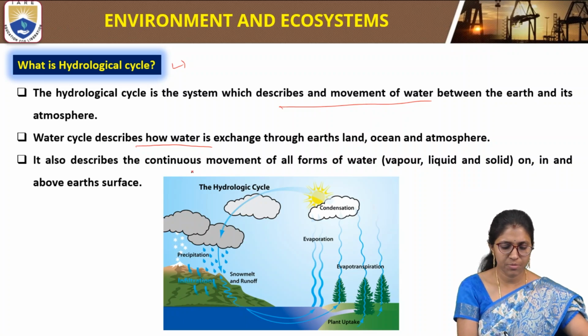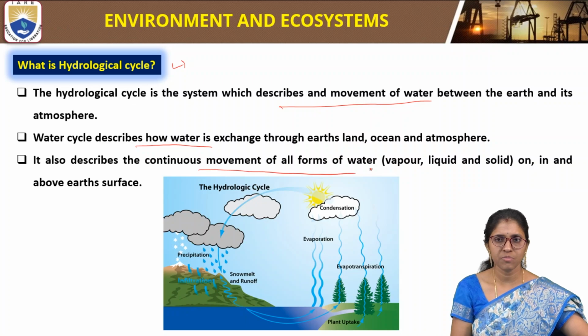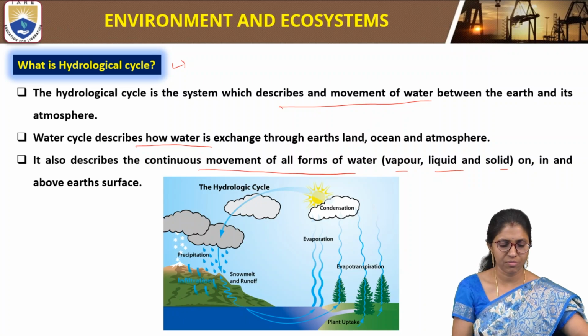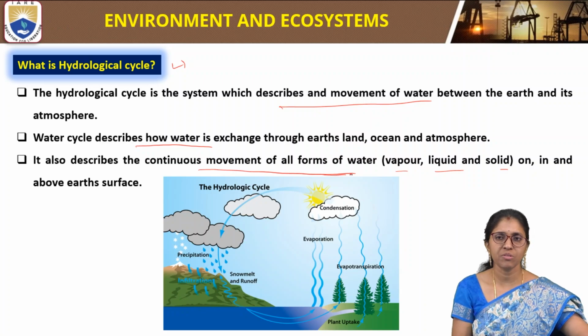It also describes the continuous movement of all forms of water, like vapor, liquid and solid forms, in and above the earth surface. So this is a diagram which shows the hydrological cycle.